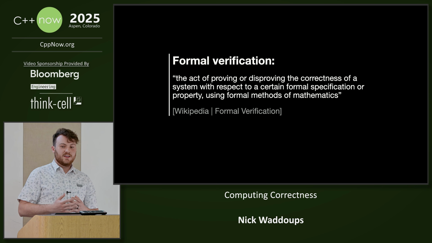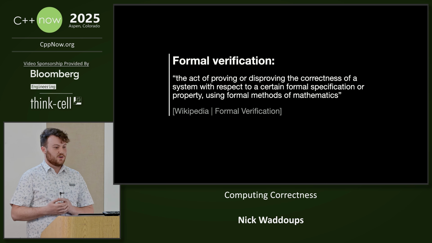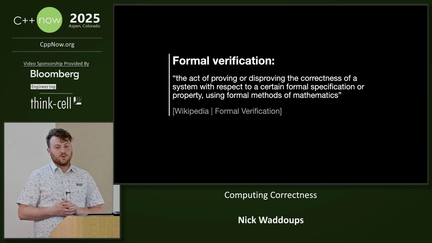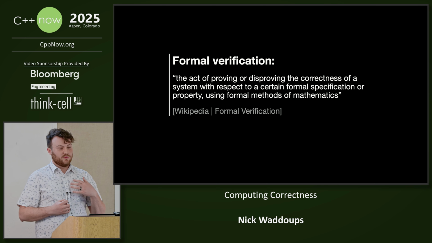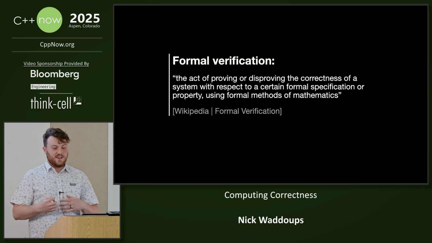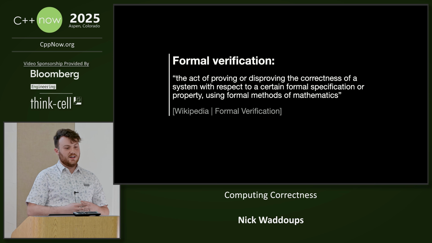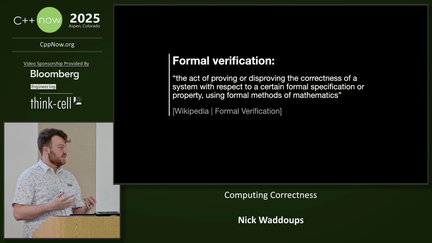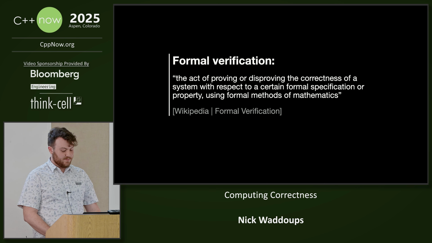Another area where it's used is in critical C code bases. Some people I've talked with who have worked on flight software or rocket software or similar things turn to formal methods to say, hey, I have this code that controls a very important, critical system, and I need to make sure that it works. And so they apply these methods to it.